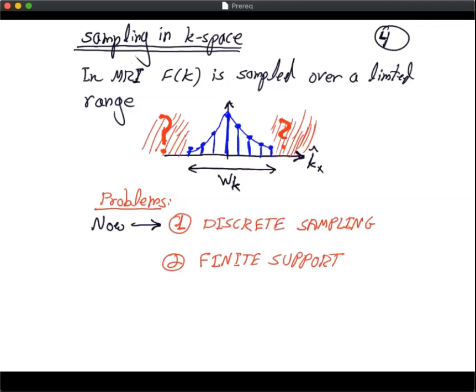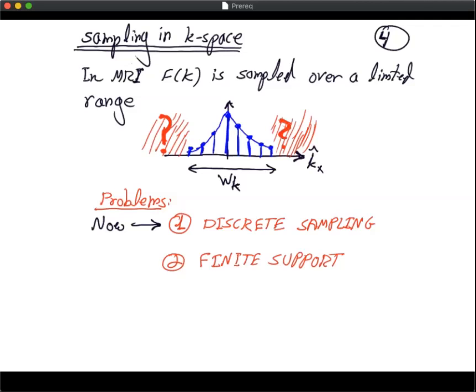And there are actually two problems with sampling. First of all, we're going to sample the frequency domain in a discrete way. The other is that we cannot cover the frequency domain to infinite frequencies, because if we sampled infinitely, it would take us an infinite amount of time to collect.